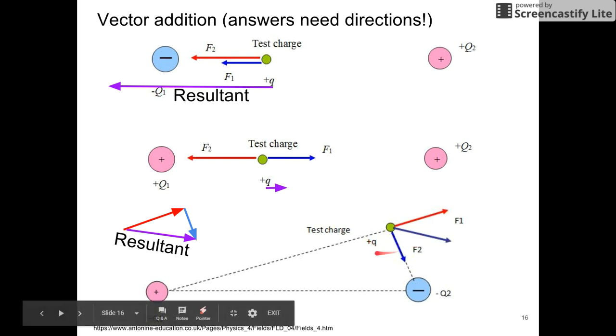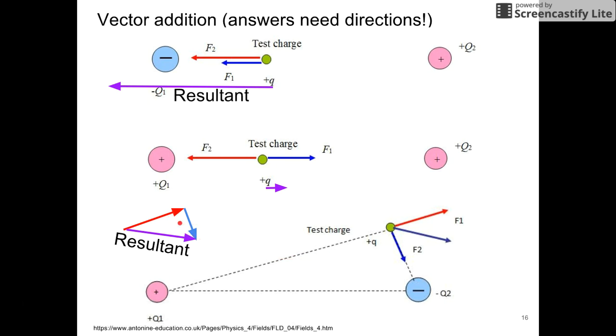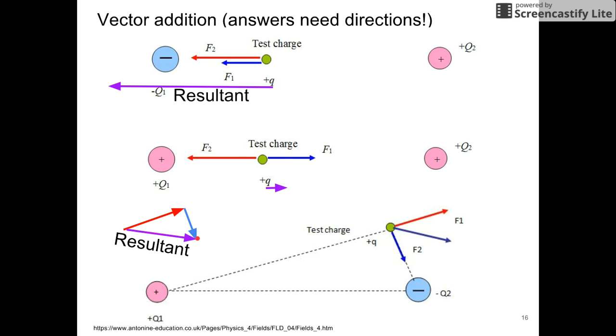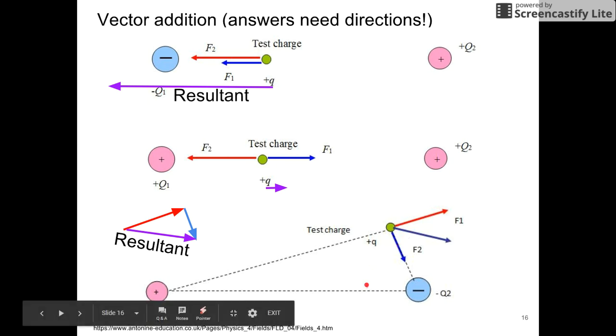At Advanced Higher, this angle here will generally be 90 degrees, so you can just use normal sine and cosine. If it's different to 90 degrees, you're going to have to use the cosine rule and sine rule to work out the resultant in the triangle. And you would also need to give the angle relative to the line joining the two centers. Very much an A grade type question, that one.